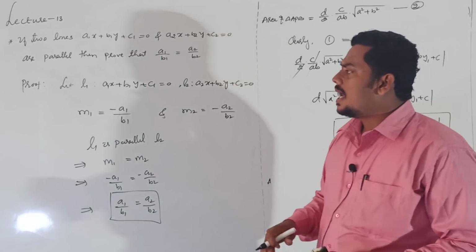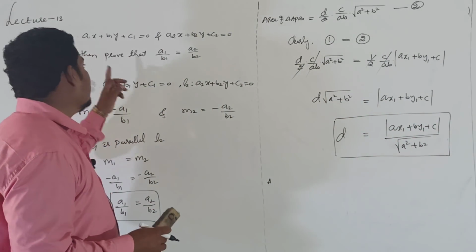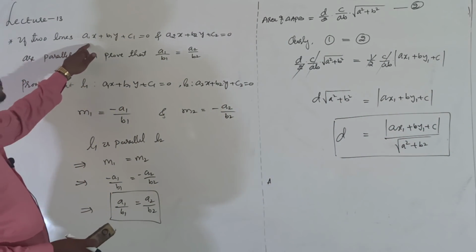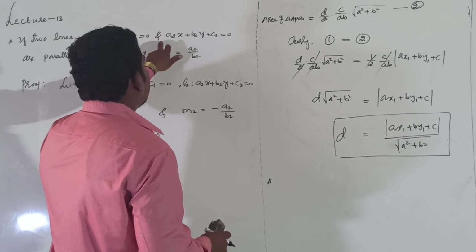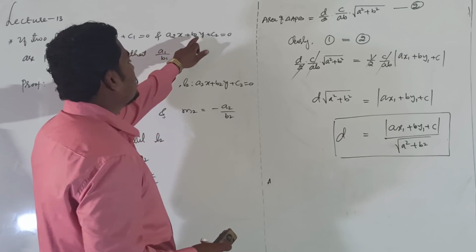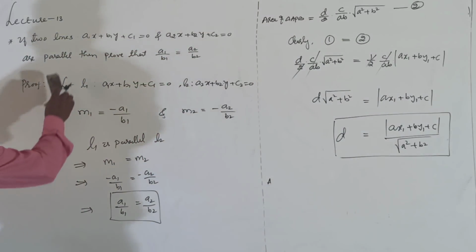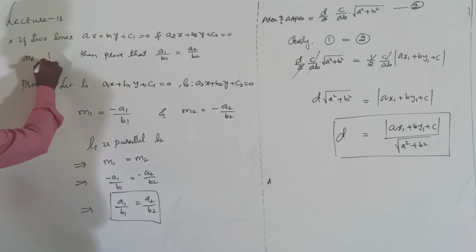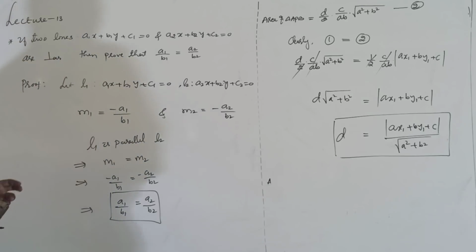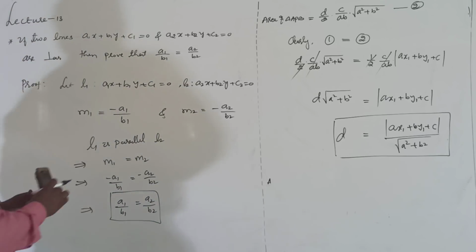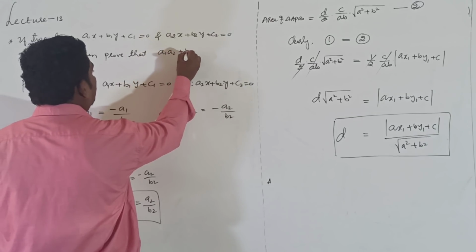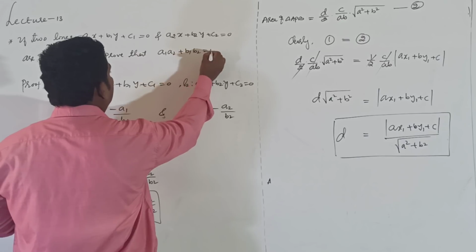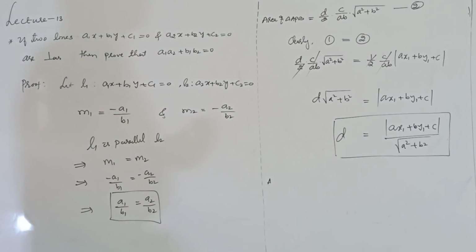And one more proof: if two lines a1x plus b1y plus c1 equal to 0 and a2x plus b2y plus c2 equal to 0 are perpendicular, then prove that a1 a2 plus b1 b2 is equal to 0, right?